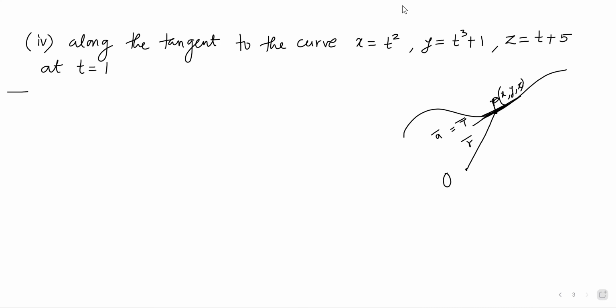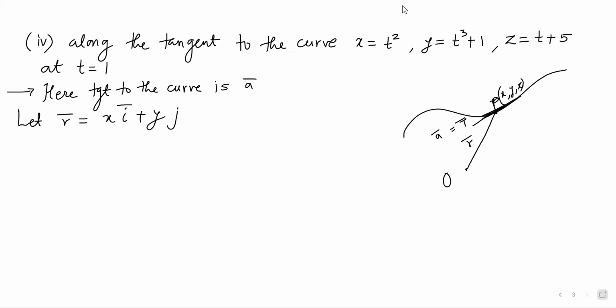So here the tangent to the curve is A bar. This is for your understanding. What I have to do is find R bar first of all. Let R bar be x i bar plus y j bar plus z k bar. Substitute the values of x, y, z.